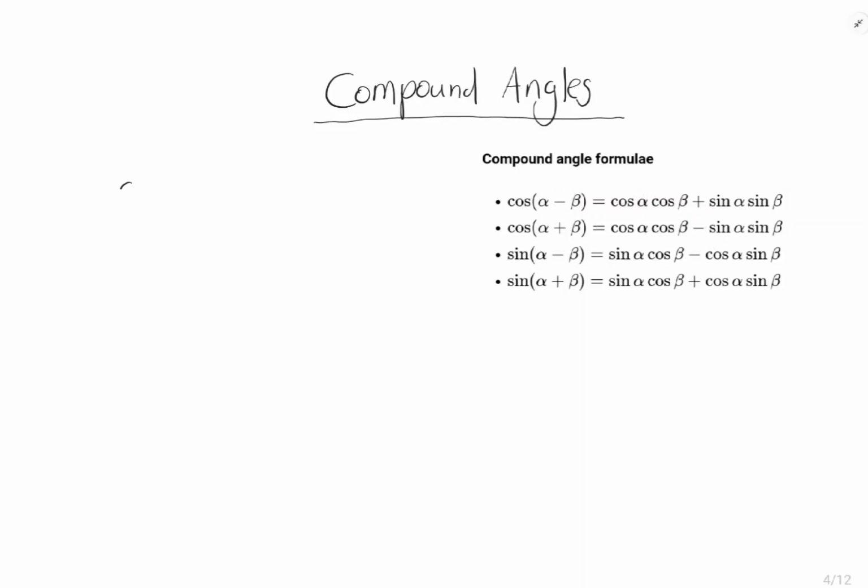So in that example that I just wrote down, which I don't know why I erased, of 60 degrees plus 45 degrees, you just have to see which form this expression relates to.